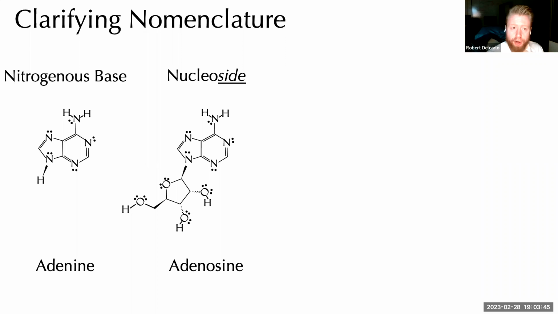Something I want you to be aware of, though, is that because there's 5 nitrogenous bases, but some only exist in RNA and some only exist in DNA, for the purposes of my course, when I talk about adenosine, I'm talking about a molecule that goes in RNA. If I'm talking about deoxyadenosine, I'm talking about a molecule that goes in DNA. Likewise, deoxythymidine is the only molecule I care about because it is only used in DNA. I don't care about thymidine because it doesn't end up incorporated into RNA.